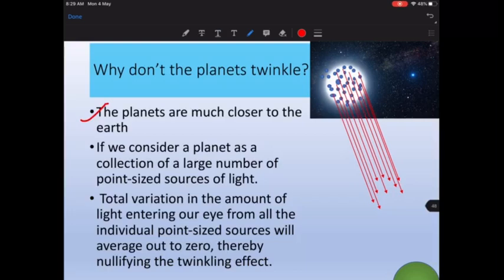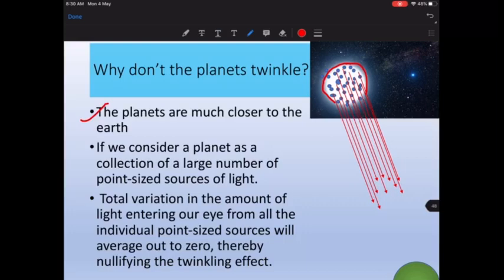Next, this is the planet that I have shown here, the entire planet. Have you seen those torches in which you have small LED bulbs? Suppose 50 LED bulbs are there in that torch. What would happen when you light them? All 50 would light up, right? So the light is coming from all 50 of those small bulbs in the torch.